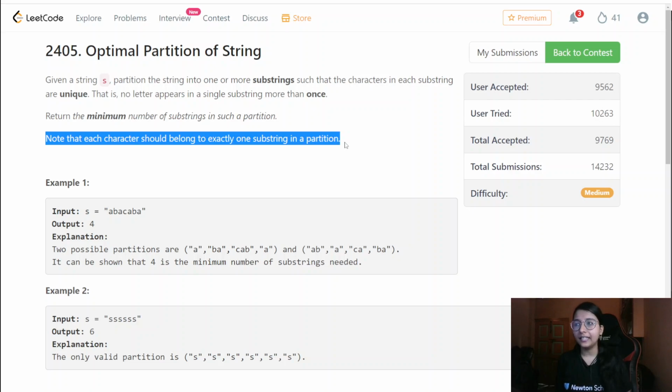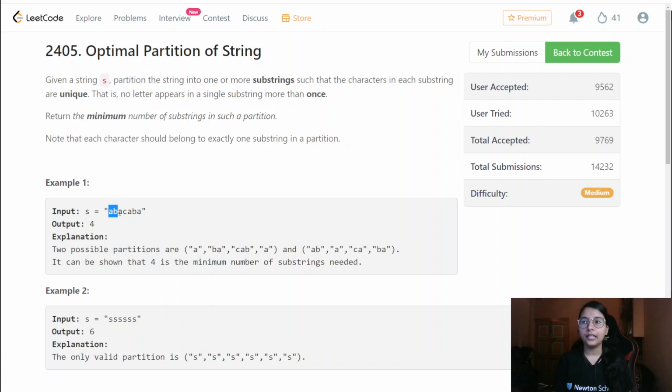That simply refers to this: here you can see that ABA is not a valid substring. But if we take only AB, then it is a valid substring according to the conditions given. Then the next substring would be AC, right? And one other substring could be CA.